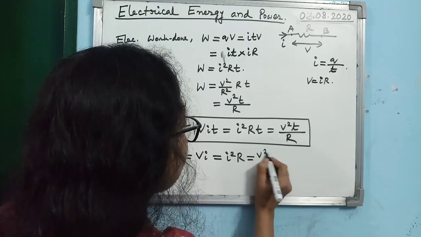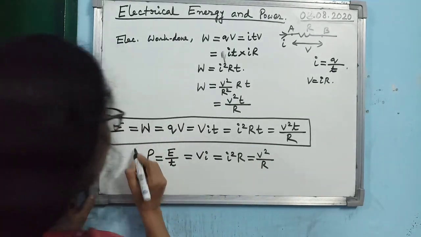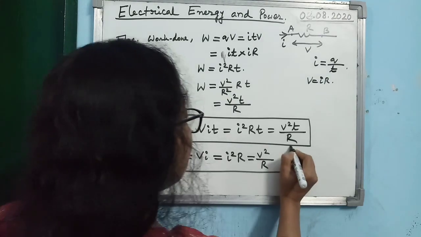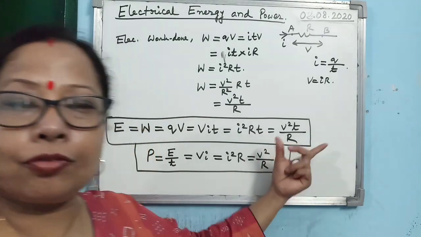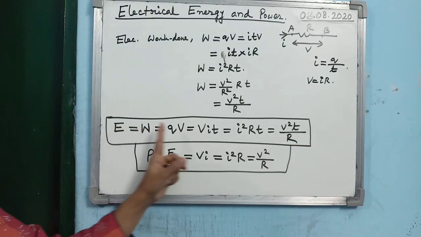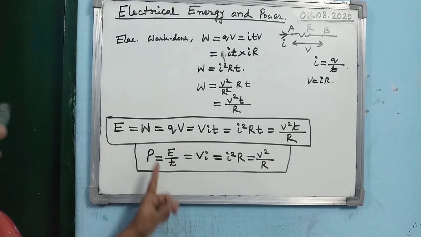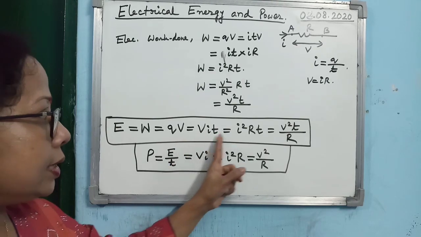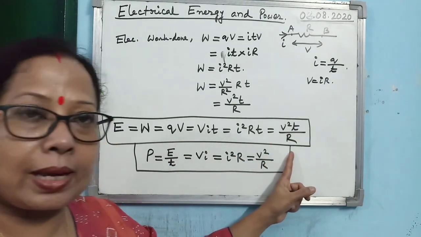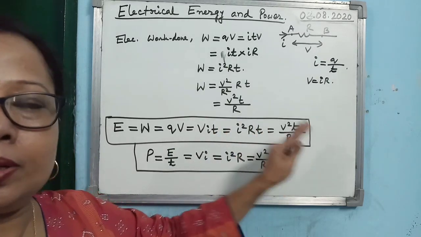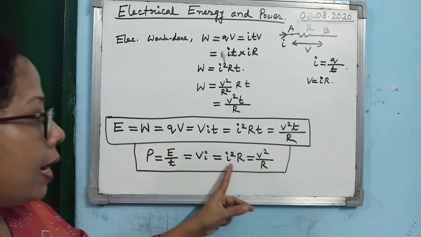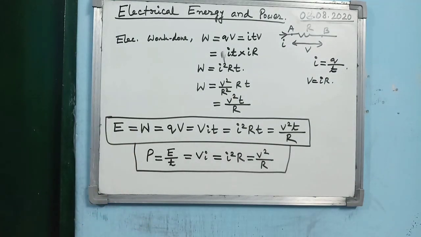So you can write it as V square by R. So these are the series of relations you have to remember for work done and power. Very easy. Q into V, then VIT, I square RT, V square T by R. And for power, just drop the term time. So it will become V into I, I square R, or V square by R.